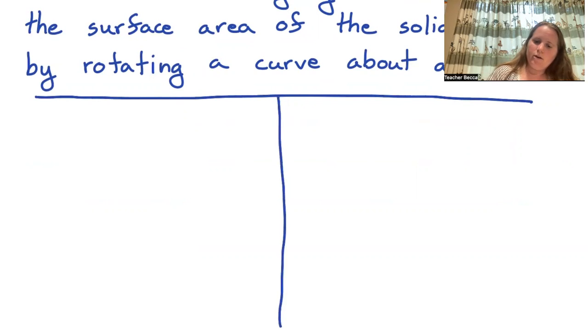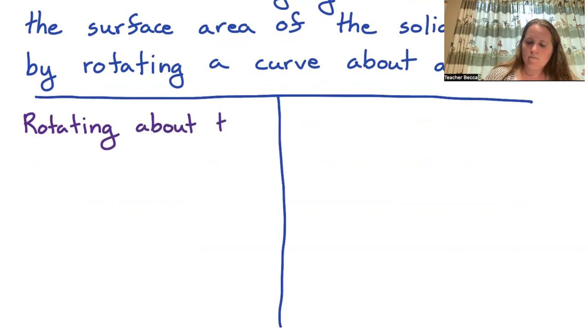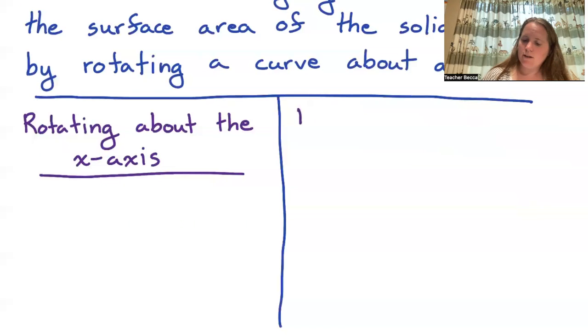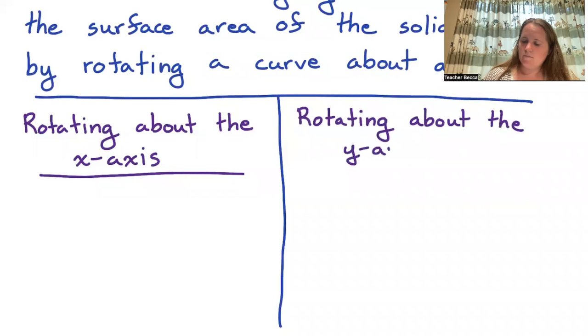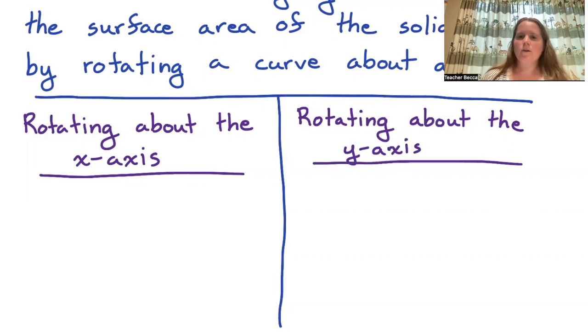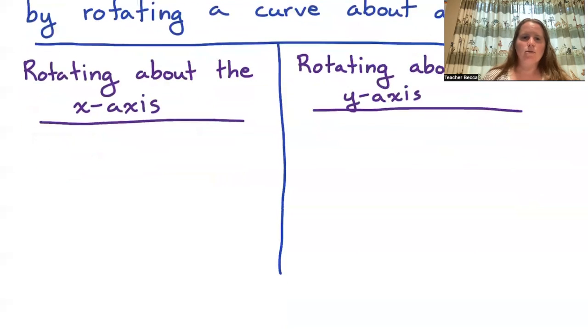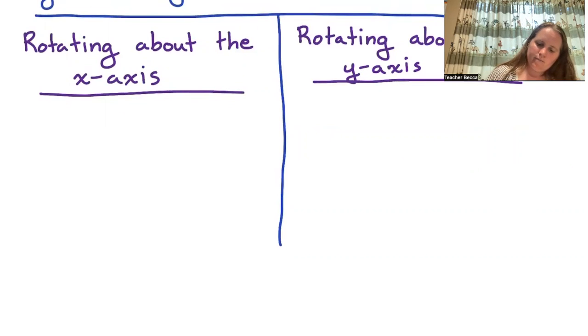So we will have on the left rotating about the X axis, and then we will come back and look at rotating about the Y axis. So let's start off with rotating about the X axis.